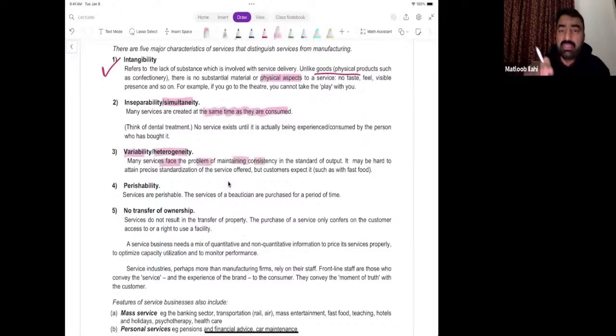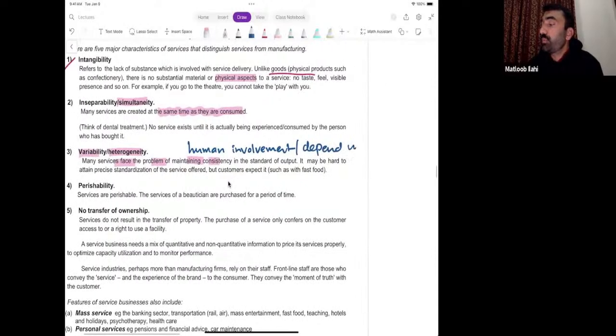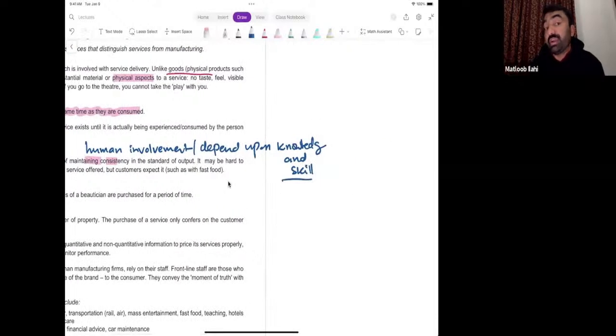It's very difficult to maintain consistency in services. One of the reasons it is difficult to maintain standardization is human involvement. What does that mean? A lot of services depend upon the knowledge and skill of the human beings providing them, and that may vary.